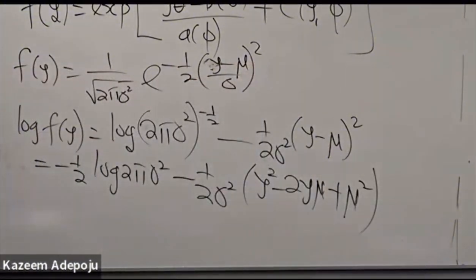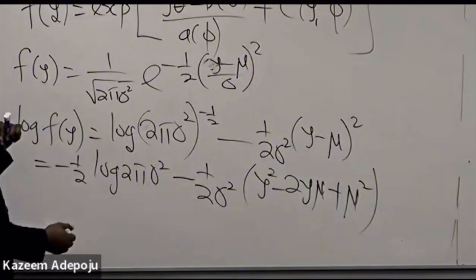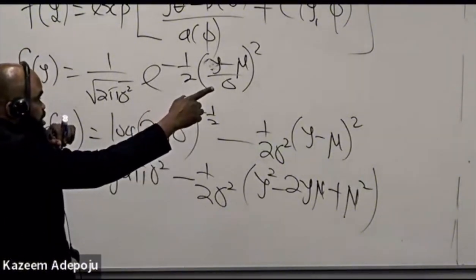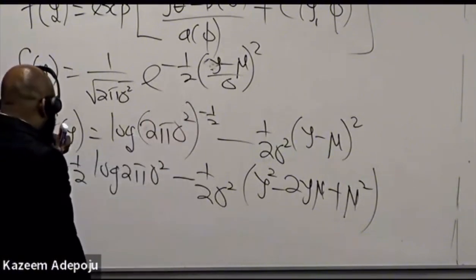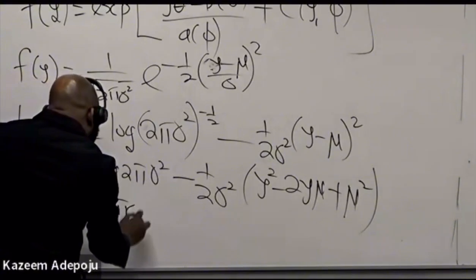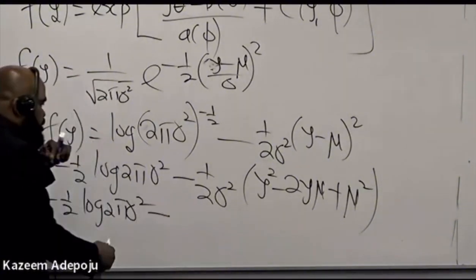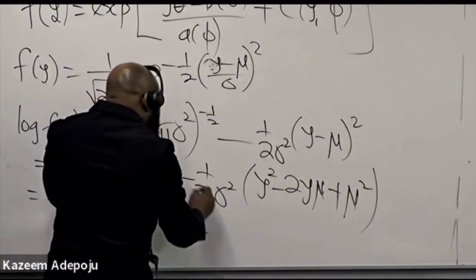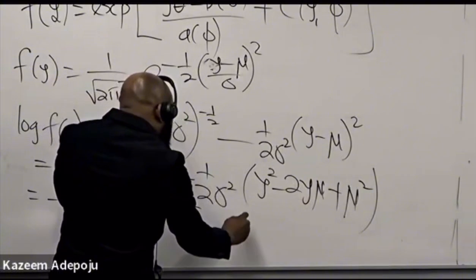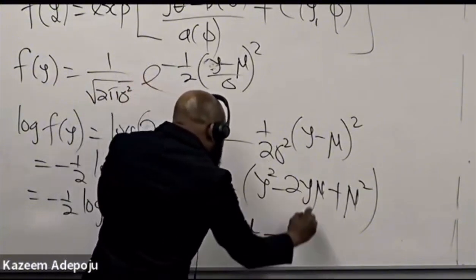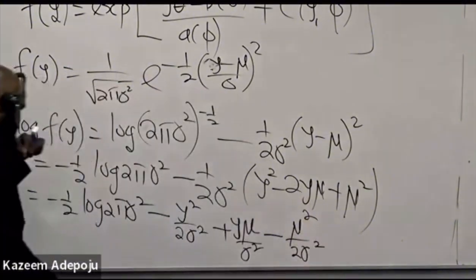Now, if you take a look at what I have now, you can actually see it in the picture that I said, exp of y of that. So if I want to rewrite this, I can do this log 2 pi sigma squared, then here I'm actually going to have y squared over 2 sigma squared plus y mu over sigma squared minus mu squared over 2 sigma squared.